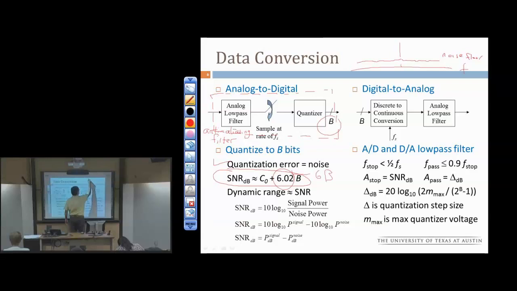And then my signal strength, we can just say is 0 dB. My noise floor is way down here for the thermal noise. So what I'd like to do really is to have the quantization noise match that if I can. And it's okay if I exceed this. If I have more bits than the SNR would support, based on the noise that's already in my system, then fine, the last 2 or 3 bits or whatever is just noise.